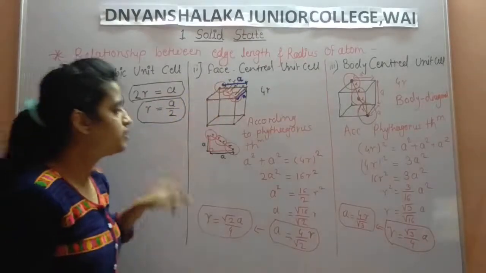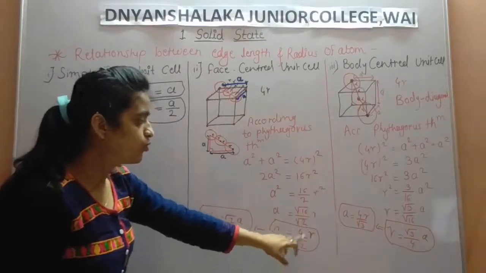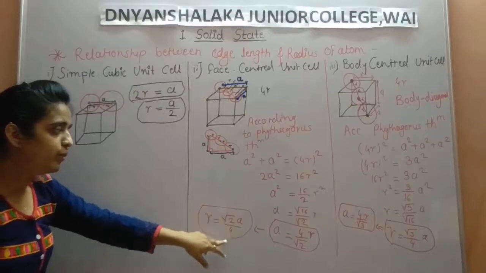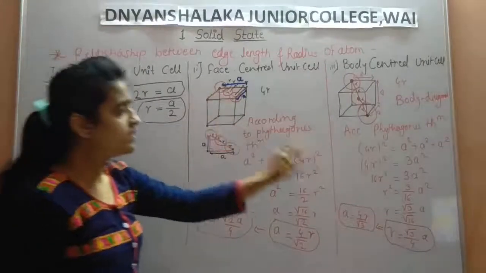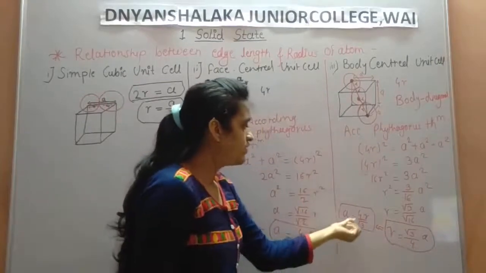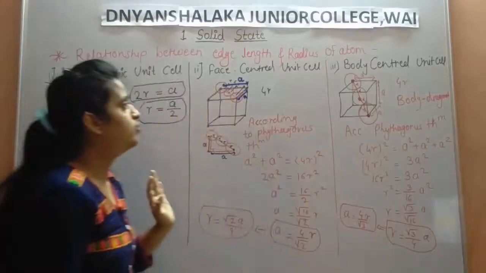Next, face center unit cell, the final equation a is equal to 4 upon root 2 into r, and the next equation r is equal to root 2 upon 4 into a. And next, body center unit cell, r is equal to root 3 upon 4 into a, and a is equal to 4r upon root 3 for body center unit cell.